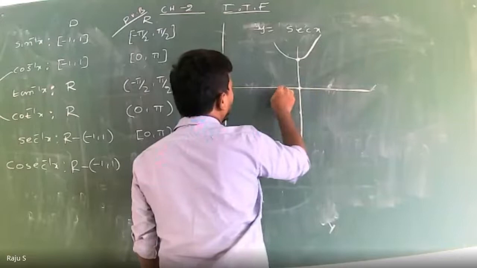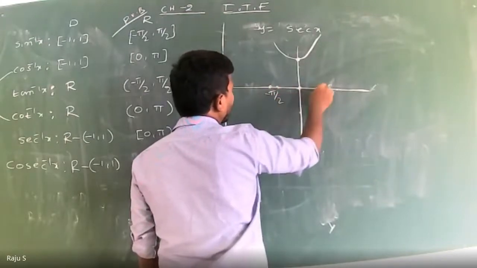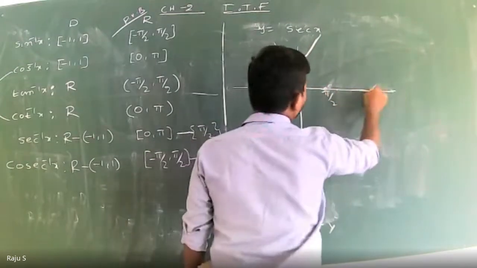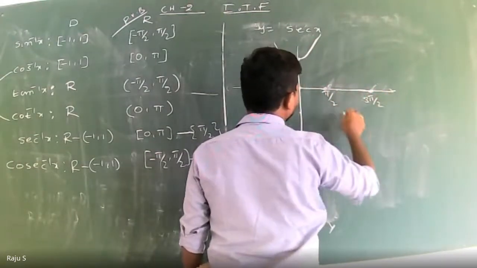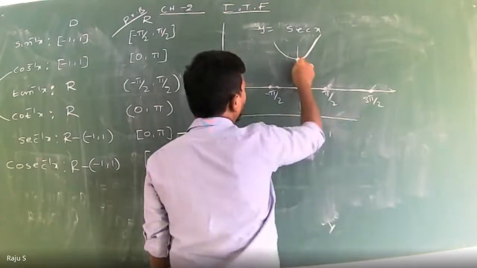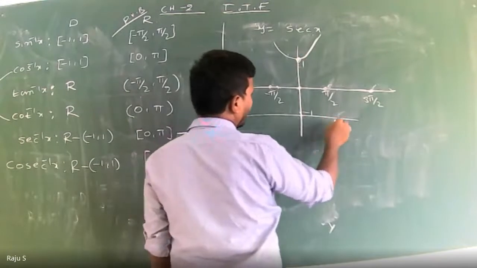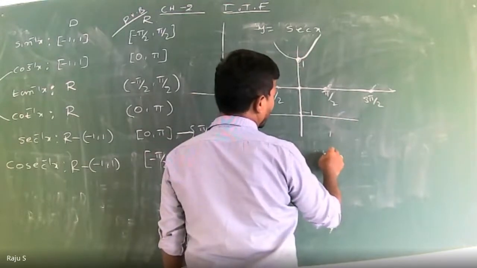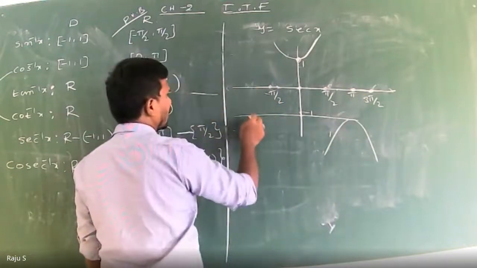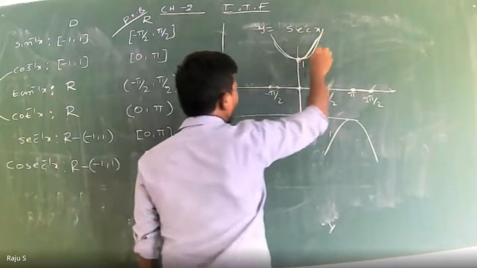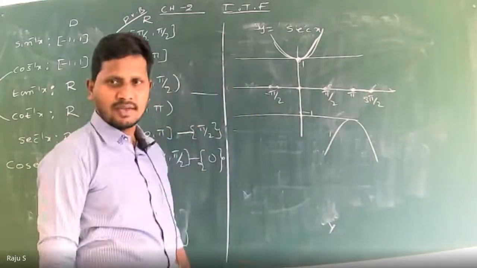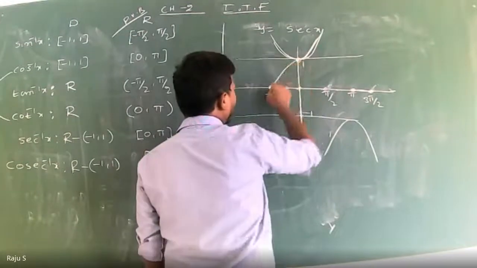Here this is clearly minus 90 to plus 90, and 90 to 270. This is minus 1, this is plus 1. So the graph we will get like this, at 180. One is upside, like this. Actually, if you draw the cos graph, then secant becomes very easy.